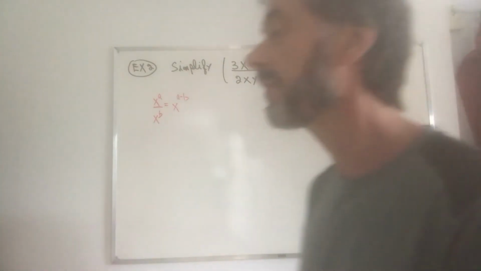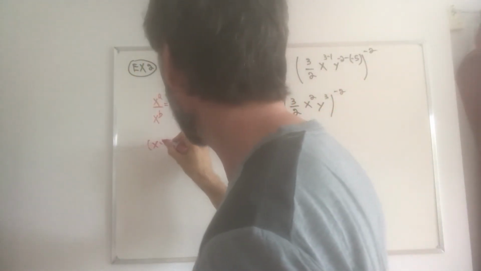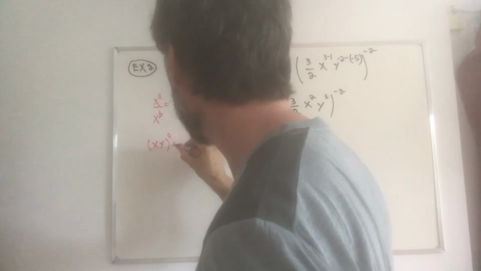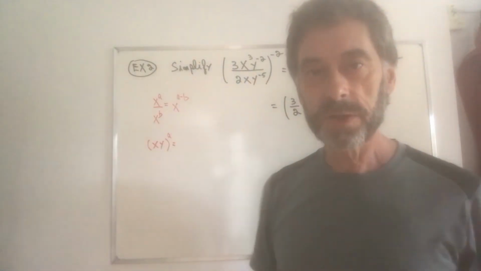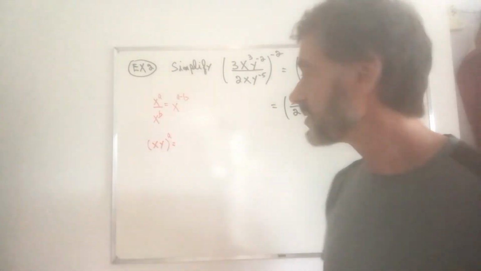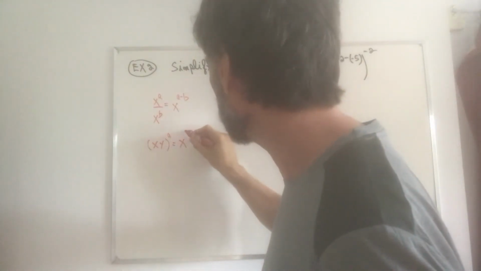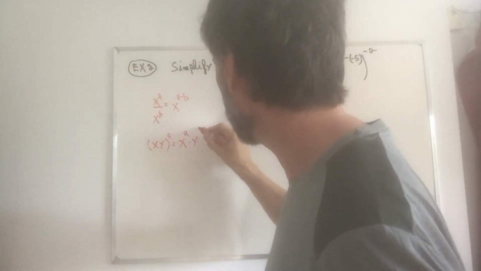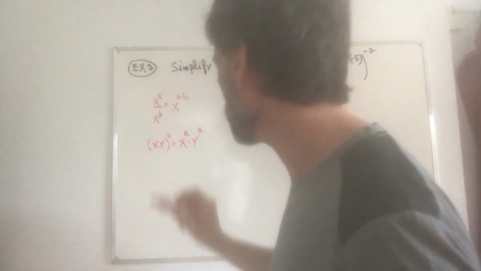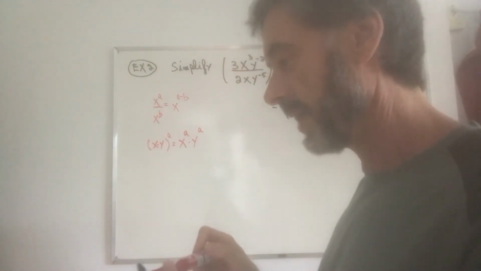All right, now it's time to take care of the outside exponent negative 2. Okay, what is the rule for this? So x y to the a. What do I do when I have a multiplication of 2 or 3 terms in that case? Yes, that's going to be x to the a times y to the a, because there is a times between x and y.